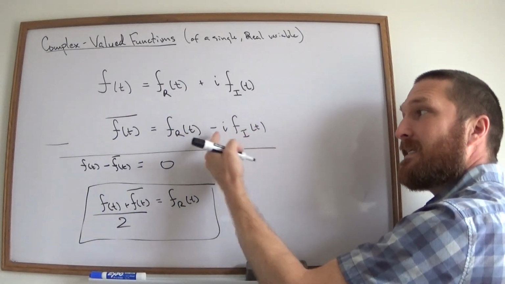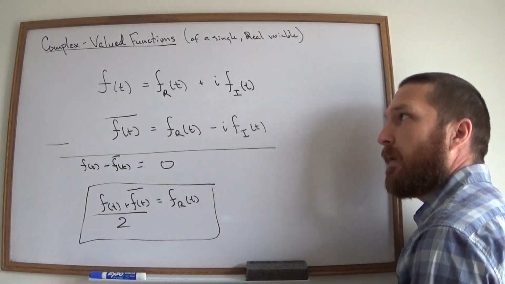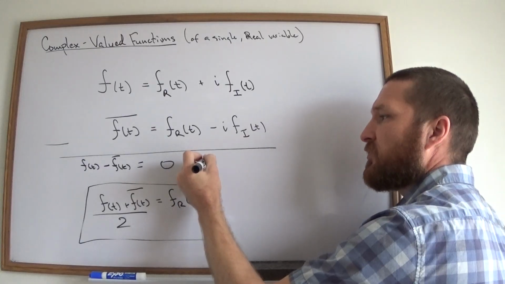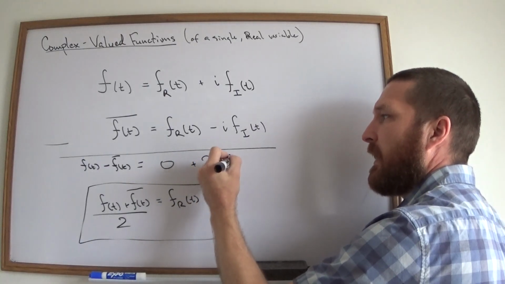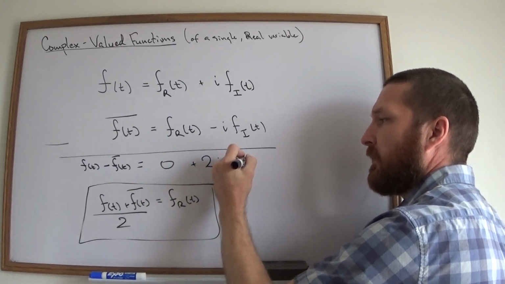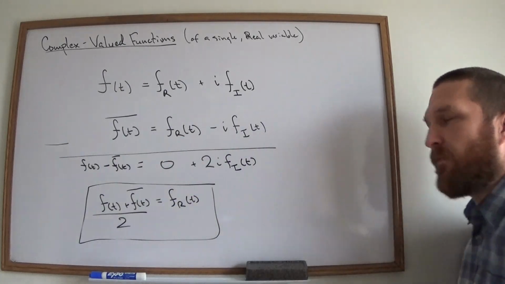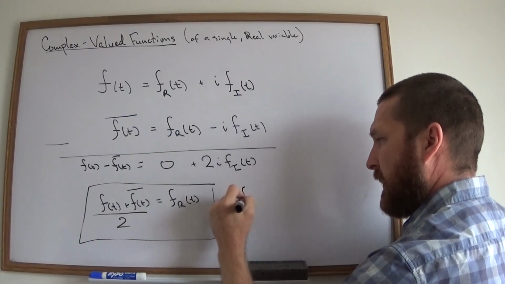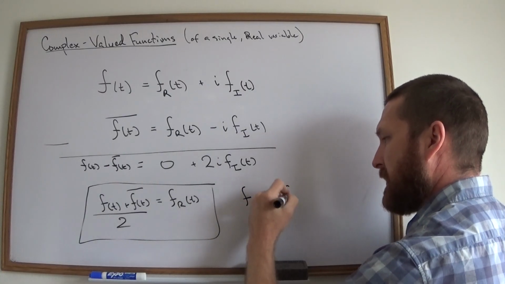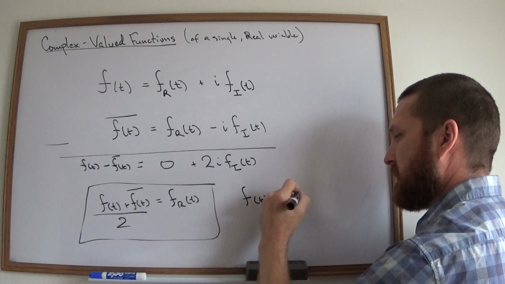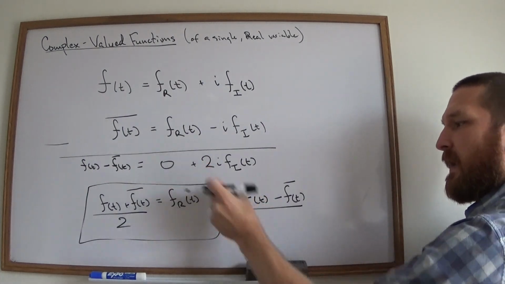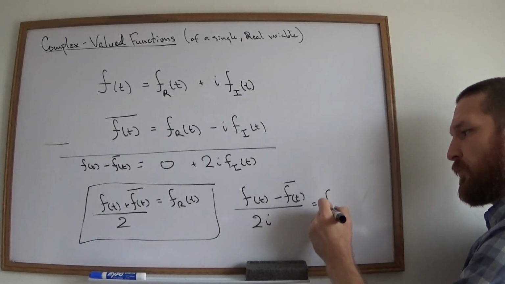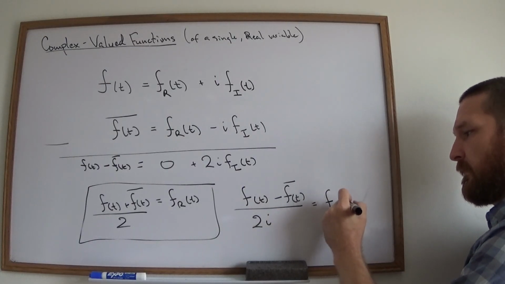This minus a negative is the same thing as plus a positive, so I'm going to get 2 of them. This would be plus 2i times the imaginary part of f of t. And then I could solve this, and I'll get what's over here, f of t minus f conjugate of t. If I divide by 2i right here, then I get a purely real function.